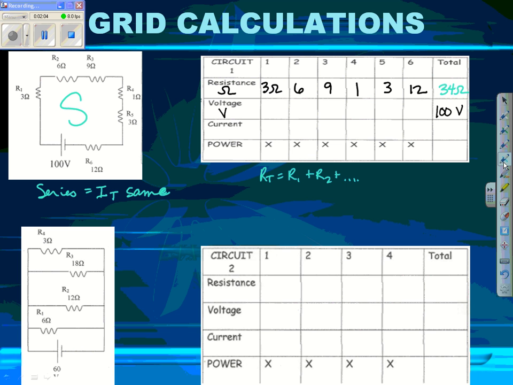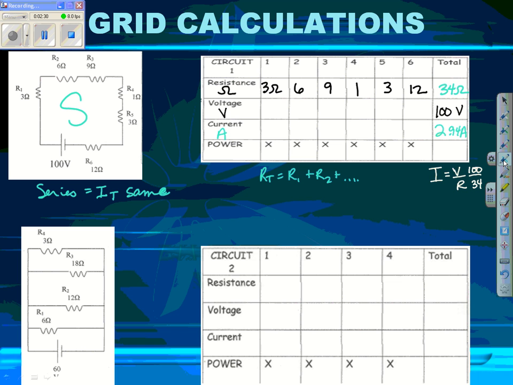Now, we could find our total current. So I'm going to come down here and I'm going to say I equals V over R, and this is Ohm's law. My total V was 100, then I'm going to divide by 34, and I'm going to get an answer of 2.94, and this is amps now.